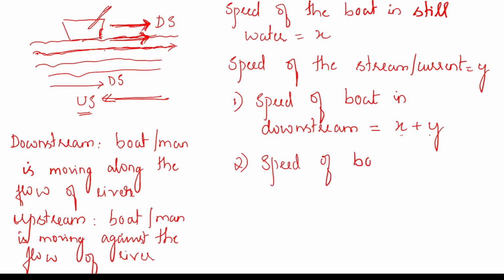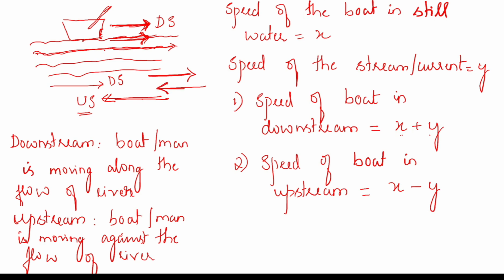Next, the speed of the boat in upstream is given by x minus y. Why x minus y? Because in upstream, if the river is flowing in this direction, the boat or the man or anything is flowing in the opposite direction.